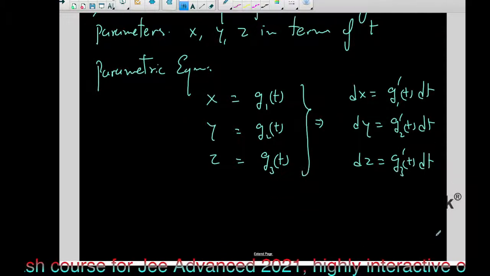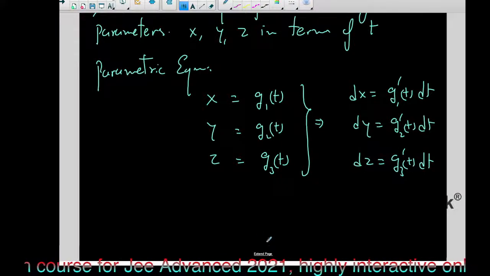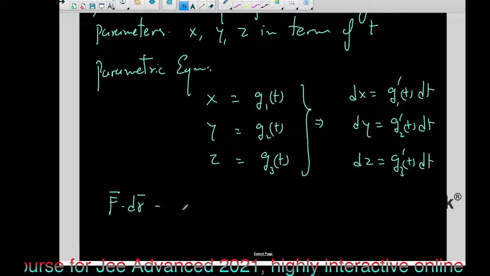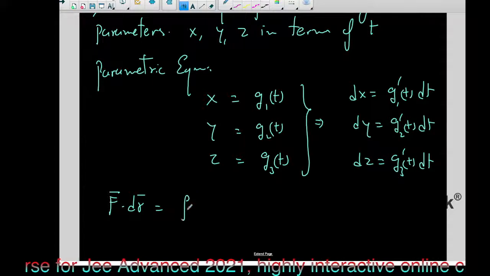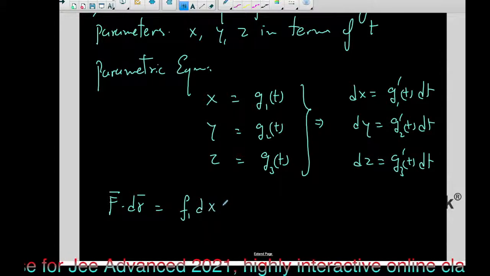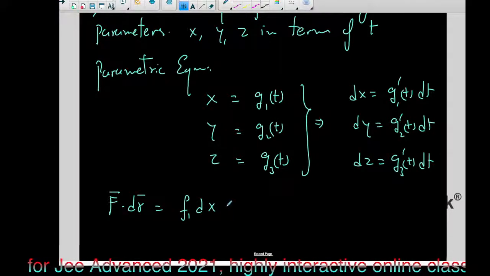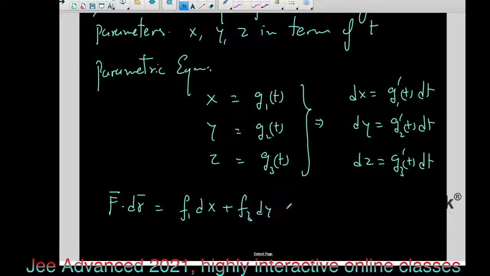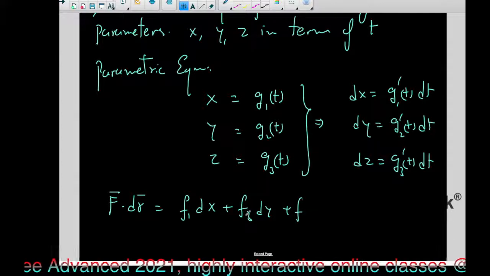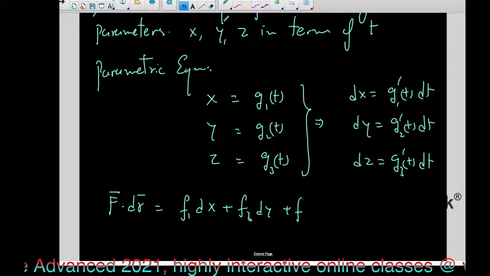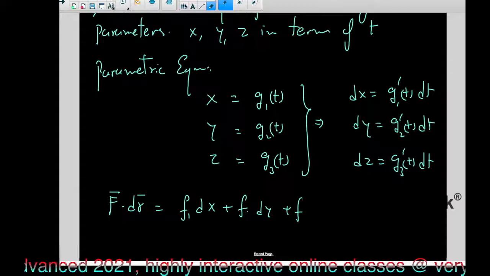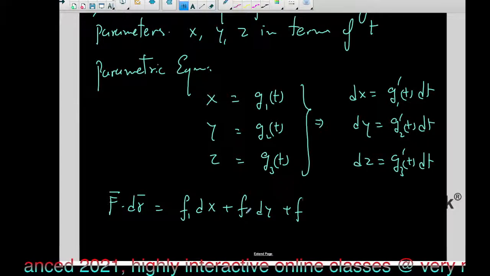Is it okay? So for this f dot dr, what will you do? f dot dr will become f1 dx plus f2 dy plus f3 dz, where f1 is the x component and f2 is the y component.